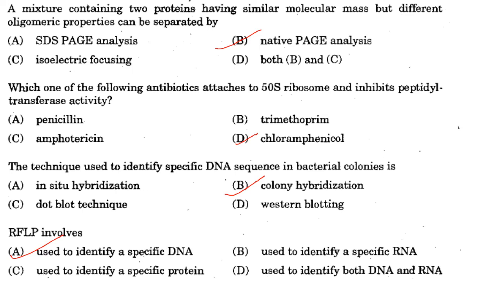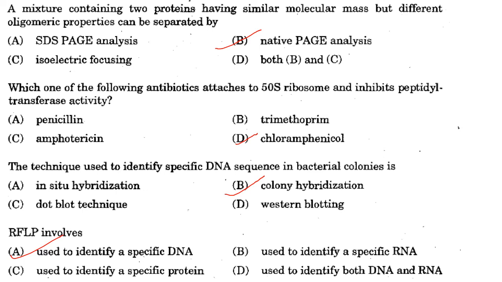Now this THF, that is tetrahydrofolic acid, is an essential precursor in the thymidine synthesis pathway, and interference with this pathway inhibits bacterial DNA synthesis. Then amphotericin B is an example of polyene type of antifungal.